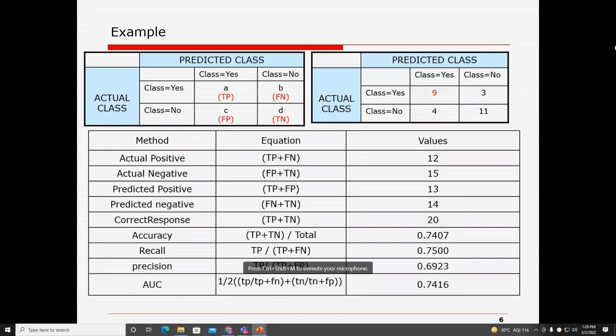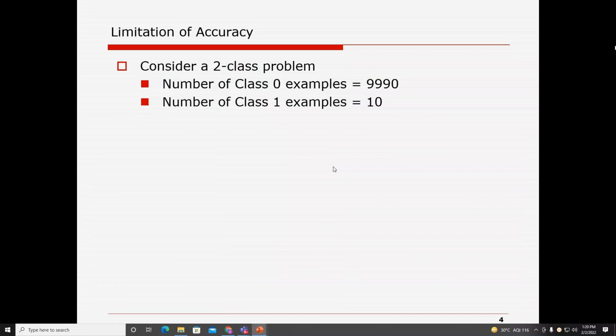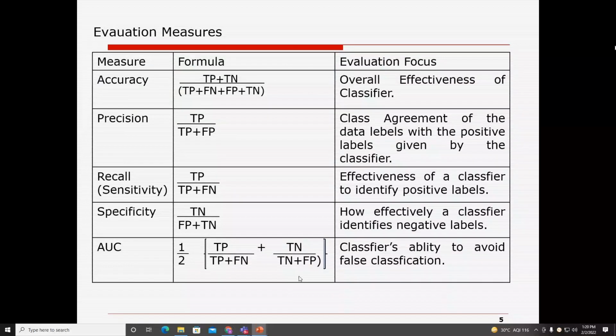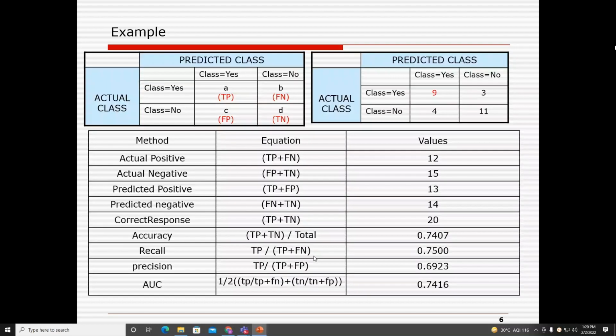And your area under curve is one half of your precision plus recall. This is a mistake, right? See that recall equation: one half of TP upon TP plus FN and TN upon TN plus FP. So calculate this value, one half of TP upon TP plus FN. This is an average, we have to take the average, that's why one half is there. TP upon TP plus FN you have already calculated, that is 0.7500. And TN upon TN plus FP is the second row.